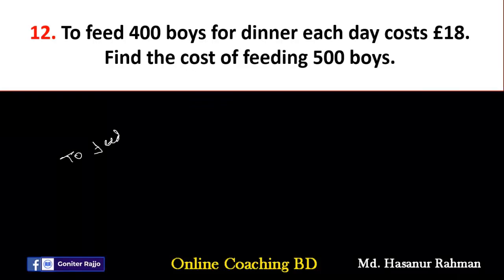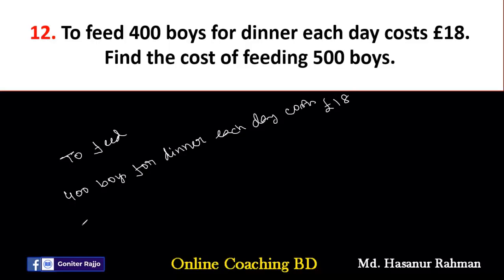To feed 400 boys for dinner each day costs 18 pound. Then for one boy for dinner each day costs 18 divided by 400 pounds.